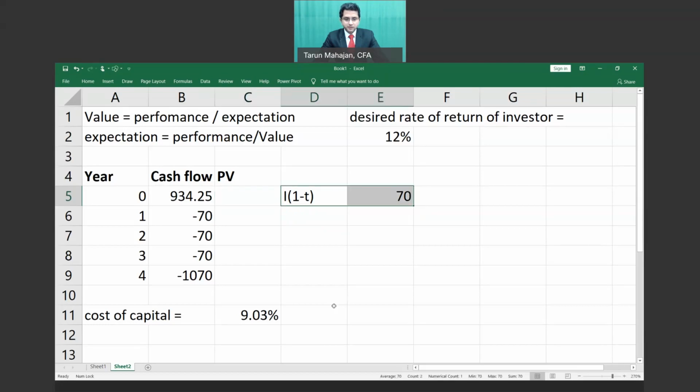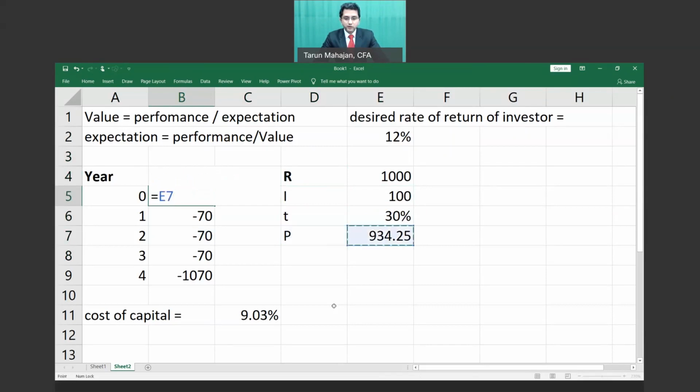Just give me a minute. First, I'll give you some inputs. Suppose R is 1000. Suppose I is 100. Say T is 30%. And say P is 934.25. So now I'll quickly give you two ways to calculate it.